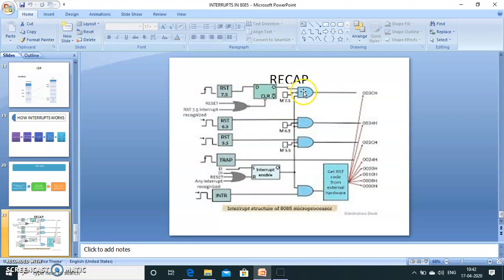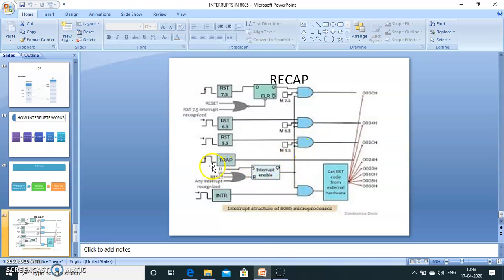This is given to an AND gate, which is controlled by another bit, M7.5. Each interrupt has its own bit in the same instruction, which is used for masking. You can disable or enable the interrupt using M7.5, M6.5, M5.5, and so on. The interrupt is also controlled by an SR flip-flop.